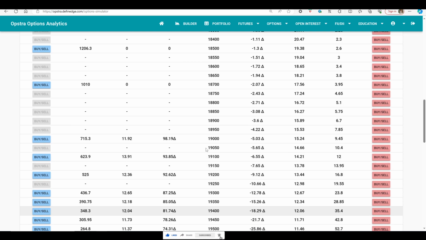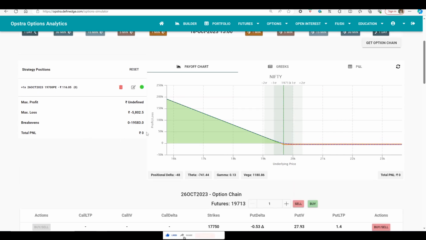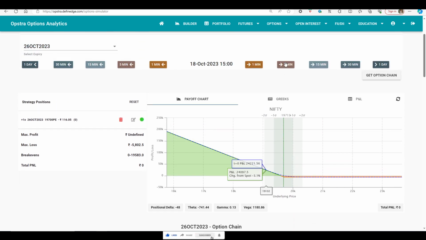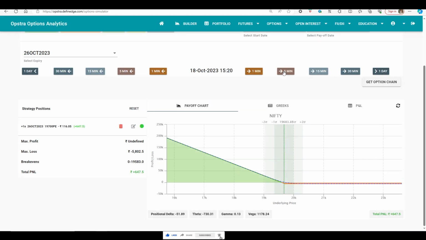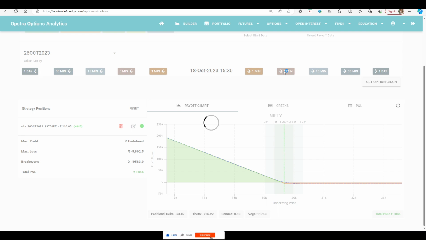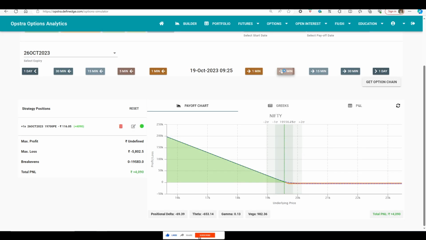Once we buy the put option at 3 o'clock, go to the next day morning, 9:25 to 9:30, and exit the position. That's all, you are done with the trade.